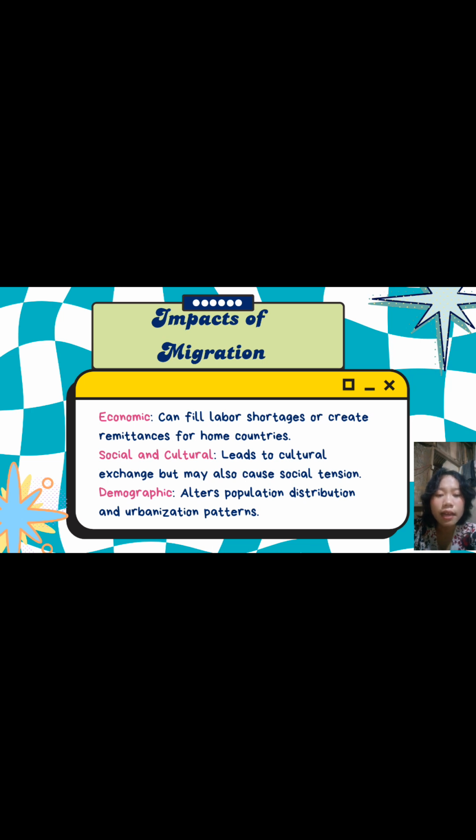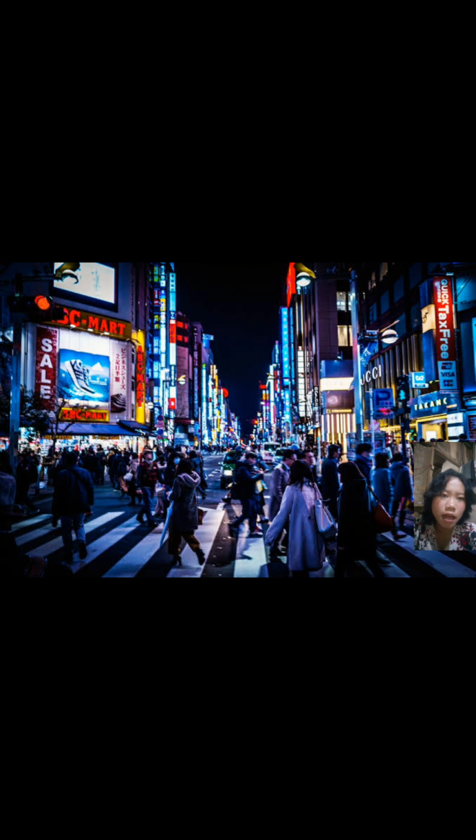And the last impact of migration is demographic. It alters population distribution and urbanization patterns. Meaning, migration changes the population numbers and where people live.